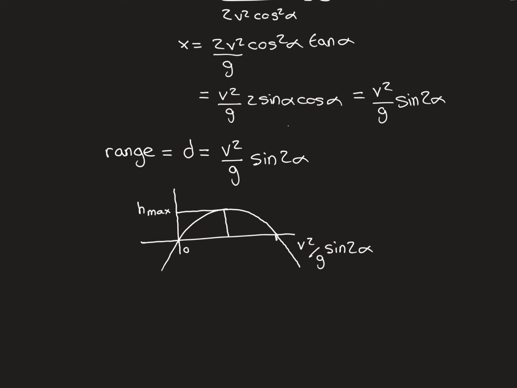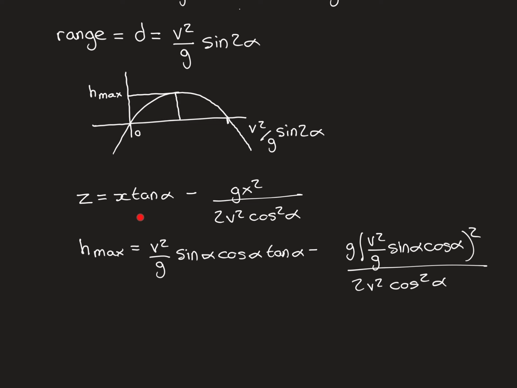So all we need to do is take this, divide it by 2 to get that point, that x displacement that's in the middle there, and that's the x value that the z value is going to be at its maximum, i.e. the maximum height. So we just need to plug that into the trajectory equation to get what that z value is equal to.